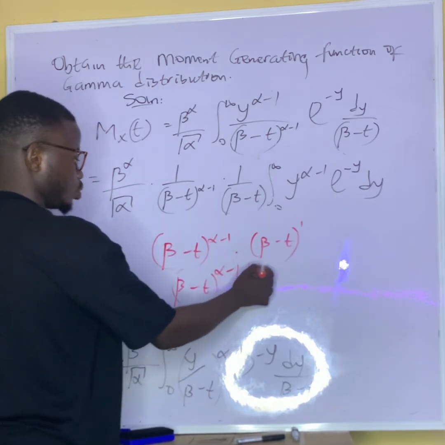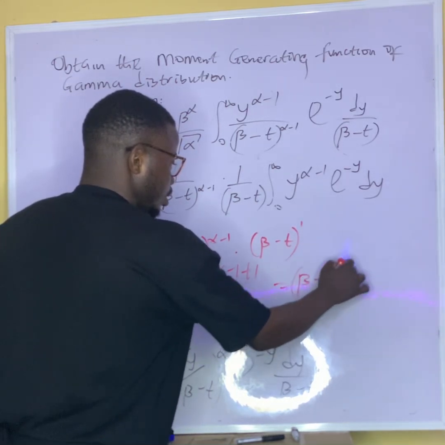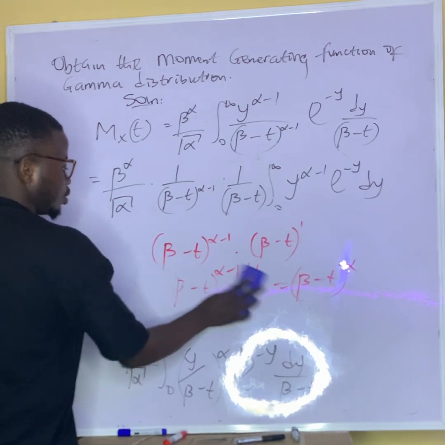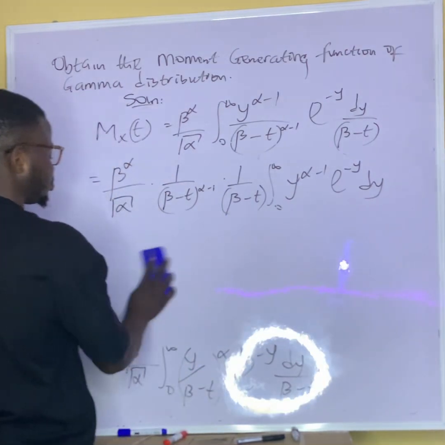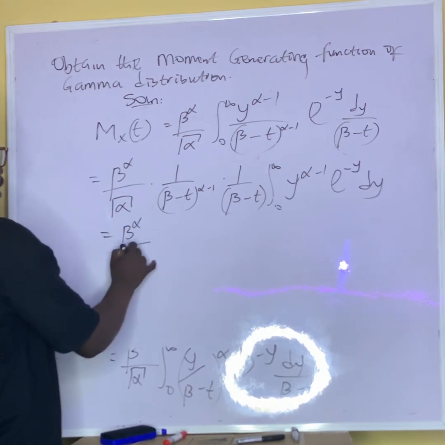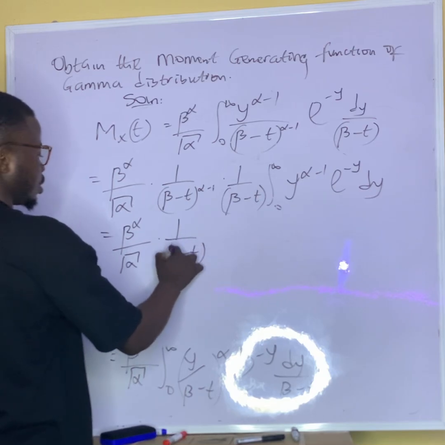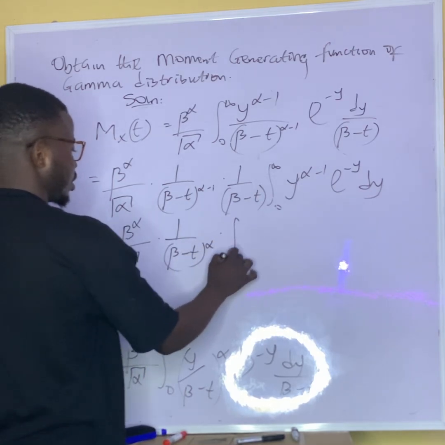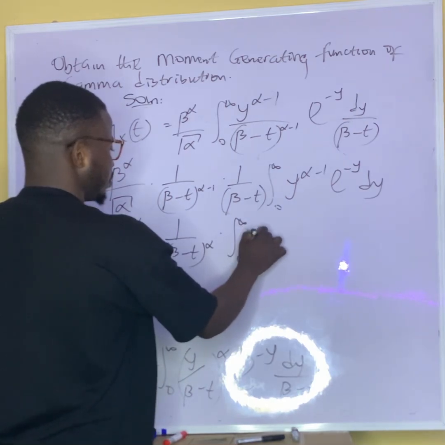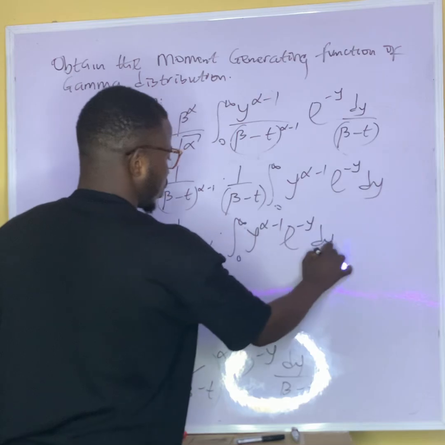So the minus 1 will cancel the plus 1, and we are going to have beta minus t raised to the power alpha. So that means we have beta raised to the power alpha over gamma alpha times 1 over beta minus t raised to the power alpha times the integral from 0 to infinity of y raised to the power alpha minus 1 exponential minus y dy.